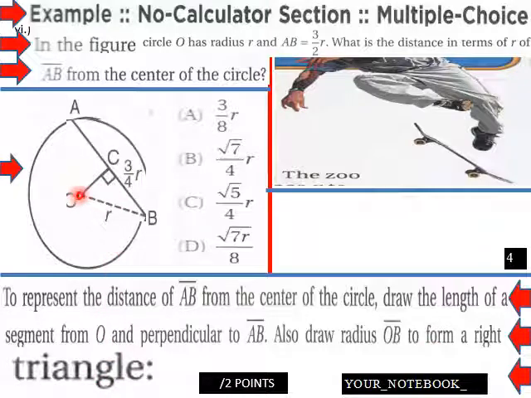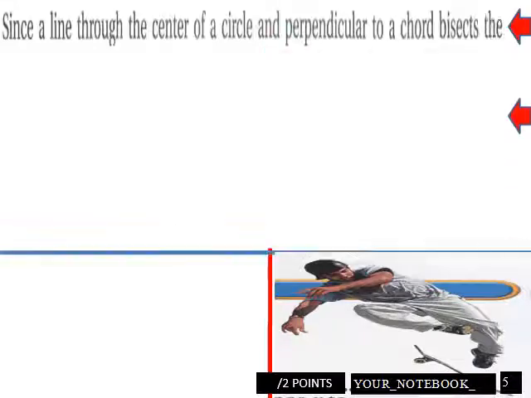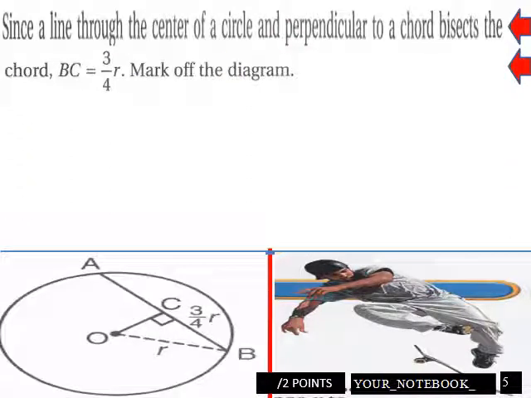So here is our right triangle, and this is our radius r from O to B. Since the line through the center of the circle and perpendicular to a chord bisects the chord, BC equals 3/4 r, BC equals 3/4 r here.